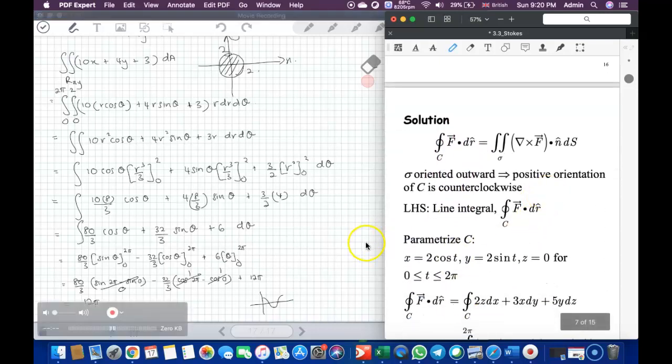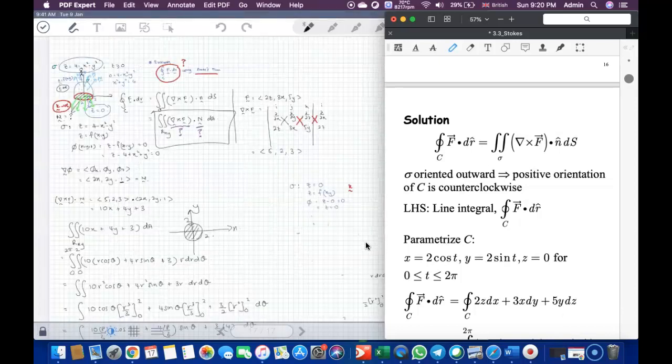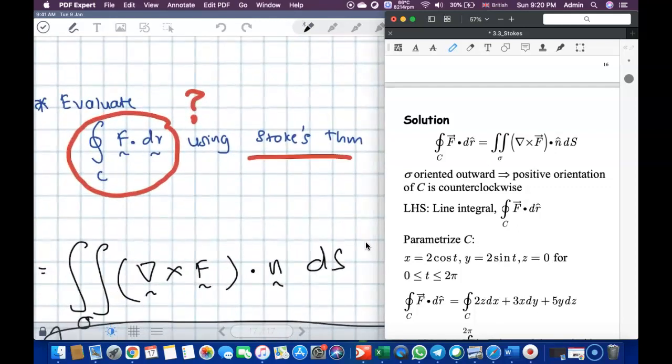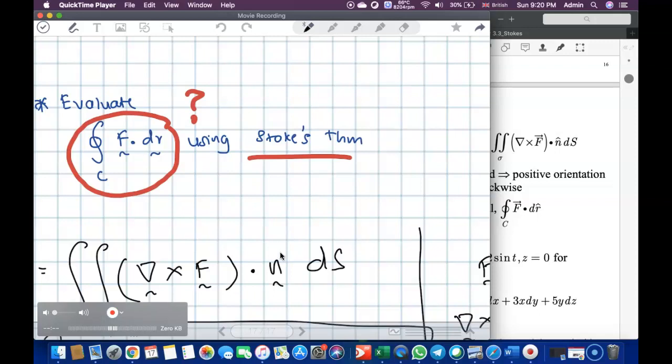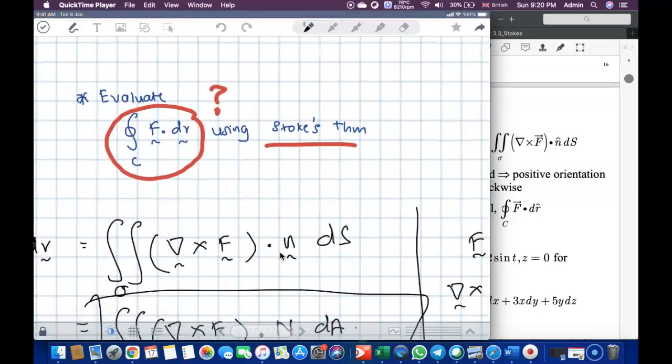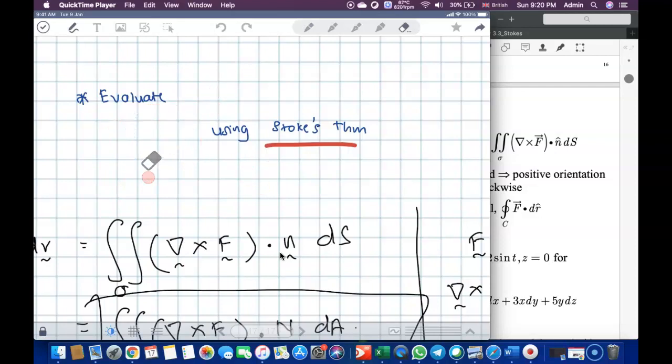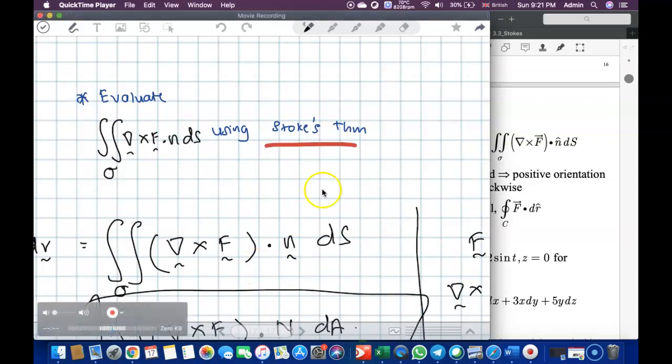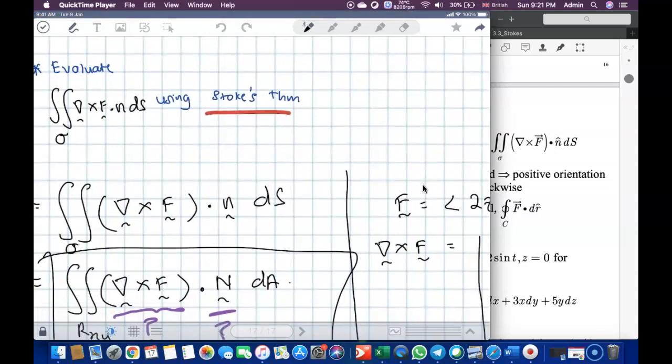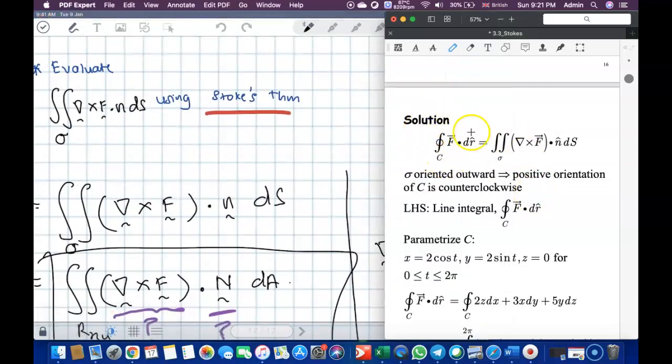Which means that if the instruction here, I change to, okay, you look at the instruction here, so instead of evaluate the line integral, now I change to evaluate the surface integral. So evaluate the surface integral of curl f dot n dS over the surface sigma using Stokes theorem, meaning that you have to show me on the answer script you are computing the line integral, this one.